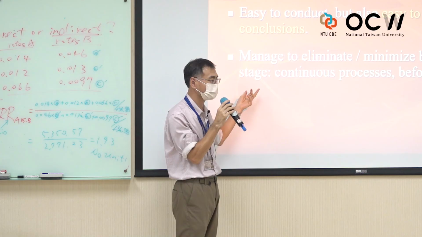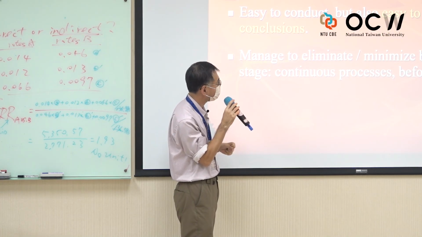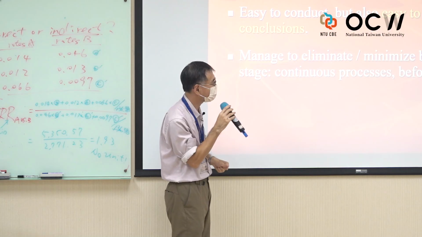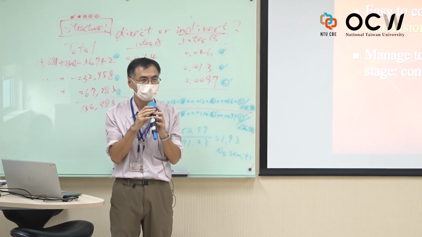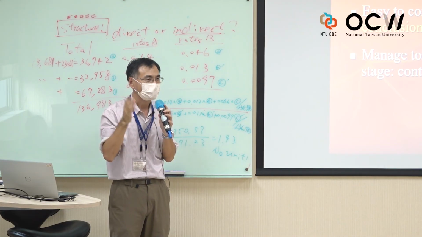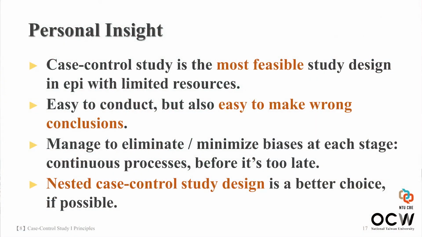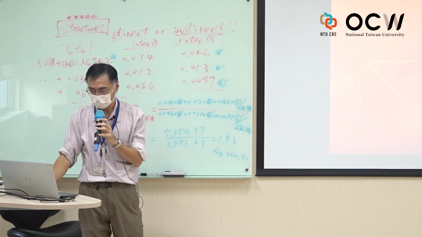Or you can even use sensitivity analysis to minimize the biases. So it's kind of a continuous process before it's too late. To save your time on the data analysis, it is best to do it right in the very beginning rather than come back and forth. And so nested case control study design is a better choice if possible. That's highly recommended for your thesis.